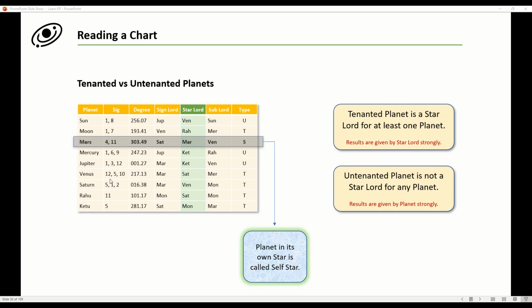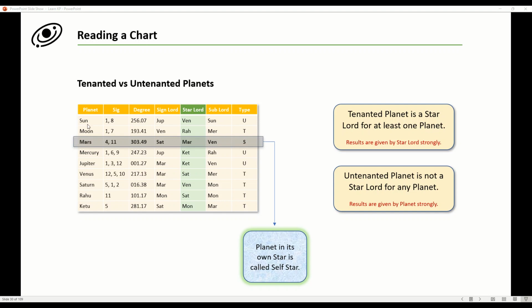Let's start with the tenanted planet. Let's take the example of Moon. So consider Moon as a planet, then check in the star lord column if Moon is a star lord for any other planet. Now you can see here that Moon is the star lord for Ketu, so it becomes tenanted.